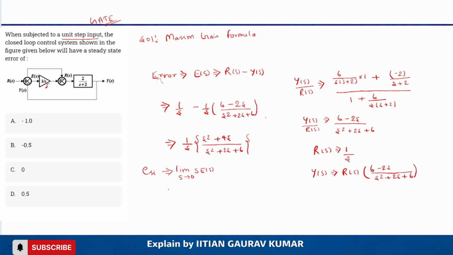So when we put limit s tends to 0, s into E of s, where E of s is 1 by s into (s squared plus 4s) divided by (s squared plus 2s plus 6), the s and s cancel, and when we put s equal to 0, the numerator is 0, and 0 divided by anything is 0.